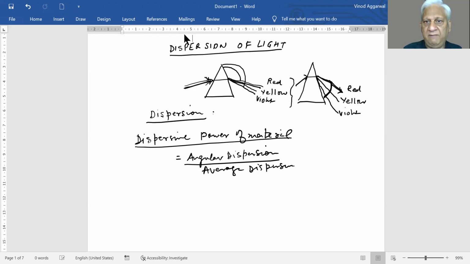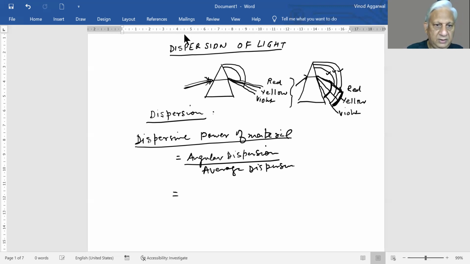An average dispersion would be, in actual, the red is dispersed by this angle, yellow has actually dispersed by this much angle, and violet has actually dispersed by this much angle. So what we do is we divide this difference over average of all the values of dispersion. That is dispersive power of the material.